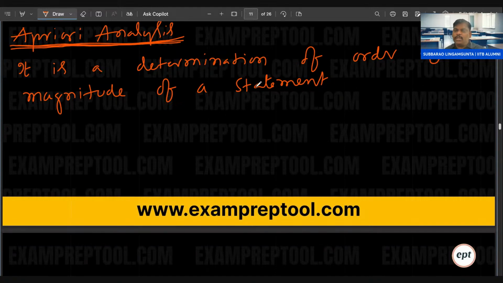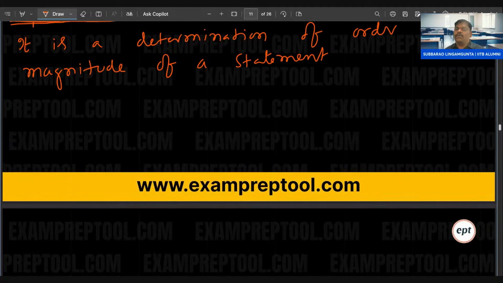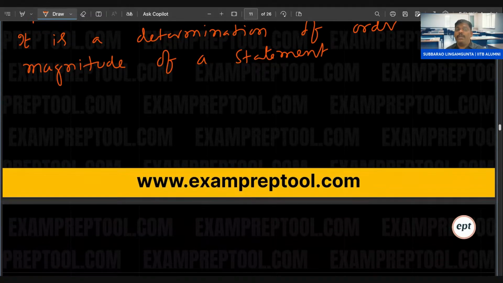It is a determination of order of magnitude of a statement. Remember, it is a determination of order of magnitude of a statement. What exactly it is, you will see one by one. Be careful from now onwards.